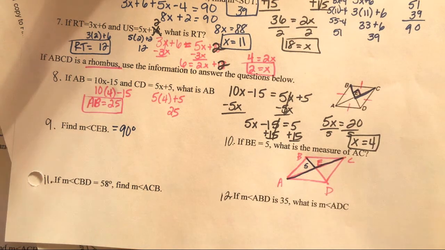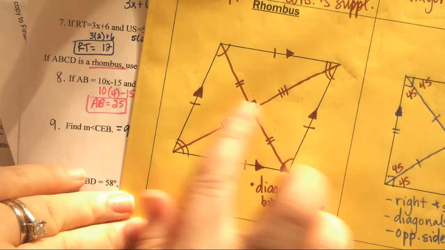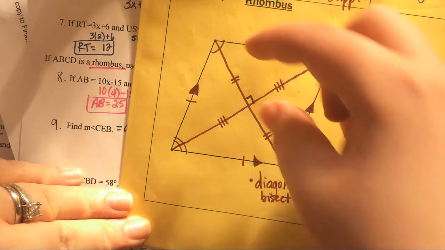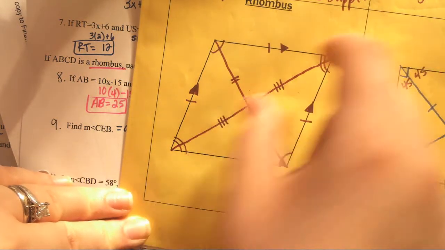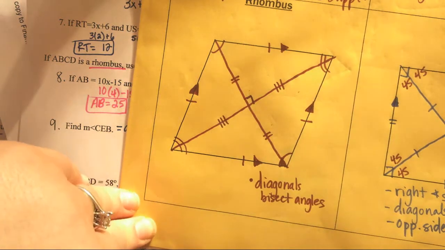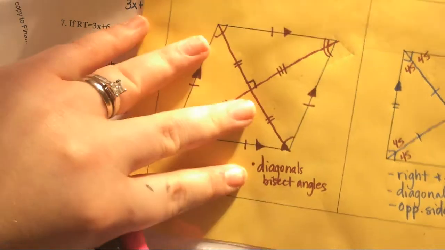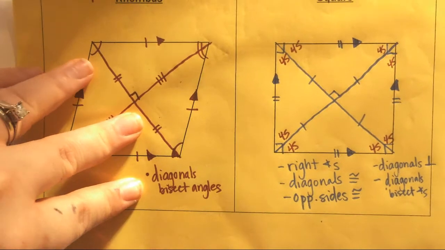You know what? We can't answer this question as it is. It's not a very good question because I have my handout by rhombus. I don't know that this piece is necessarily congruent to any of the opposite diagonals pieces. I don't know that in a rhombus, but I would know that if this was a square.